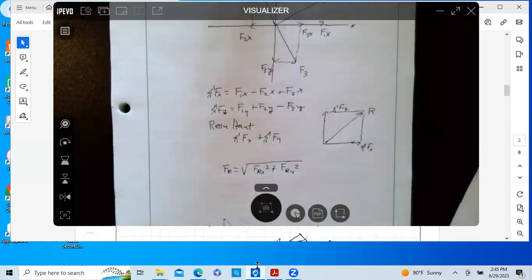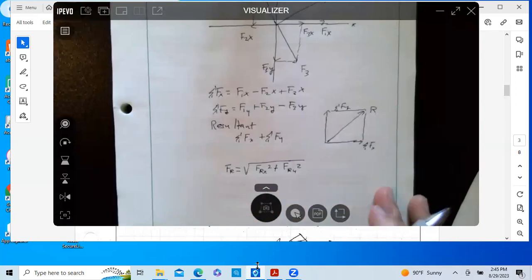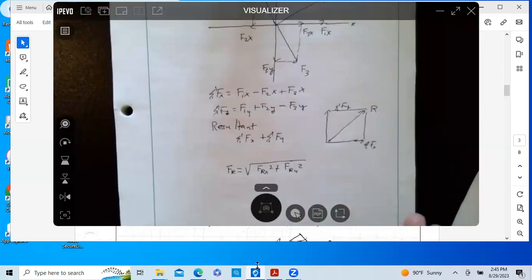So when I sketch this, my xy axis system, suppose this is my resultant, and you know this angle theta.